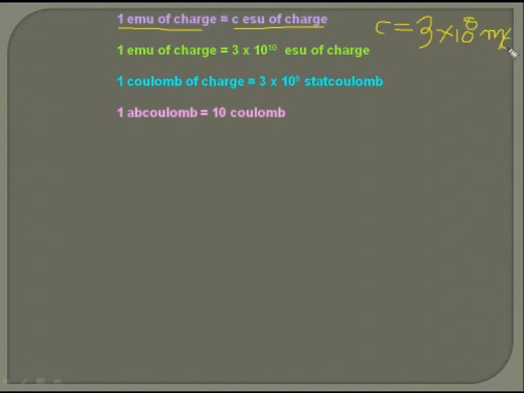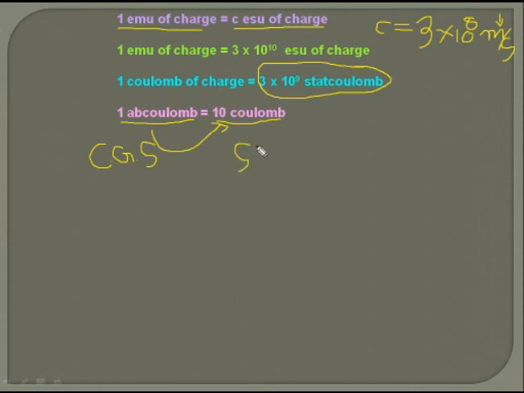When you convert this meter into centimeter, you will get 3 into 10 to the power 10. I hope this is very clear to you. 1 ab coulomb of charge is equal to 10 coulomb. This is the conversion from the CGS unit to the SI unit. So you have to remember all the conversions written here.